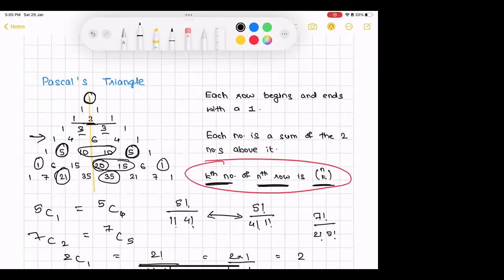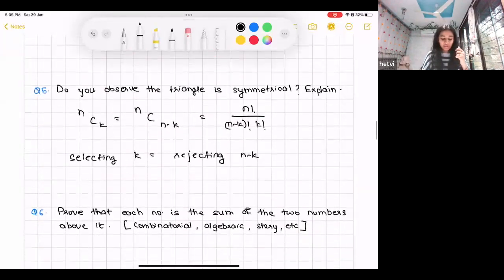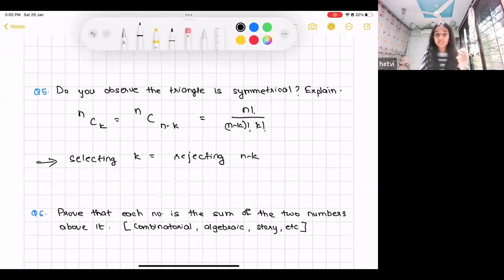Can you please explain what's proof by story again? Yes. So proof by story is over here, like selecting k people is same as rejecting n minus k. So instead of using any math, what we did was we made up a story that there are 5 students and then there's a teacher selecting 2, or teacher is rejecting 3. Selecting 2 is 5C2, rejecting 3 is 5C3.